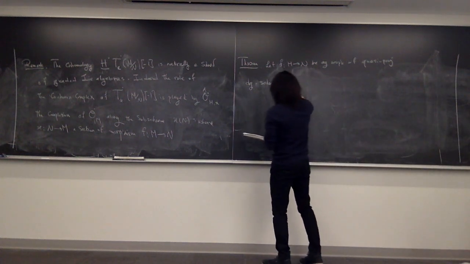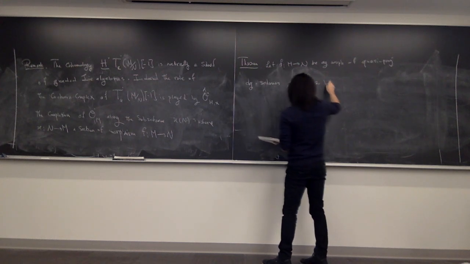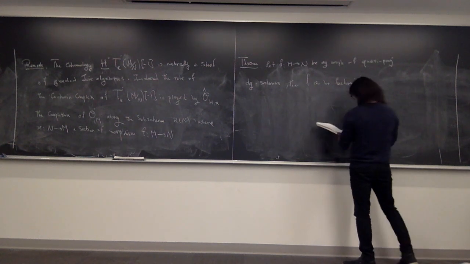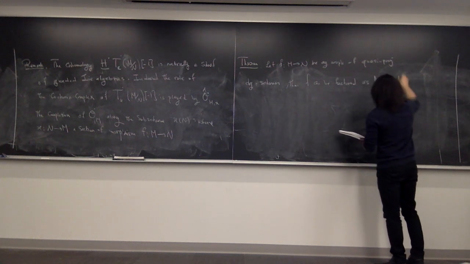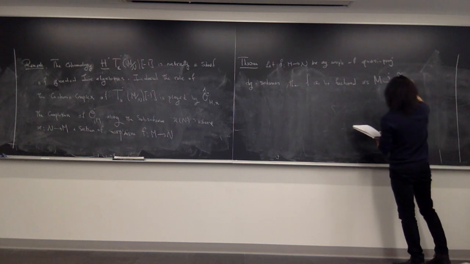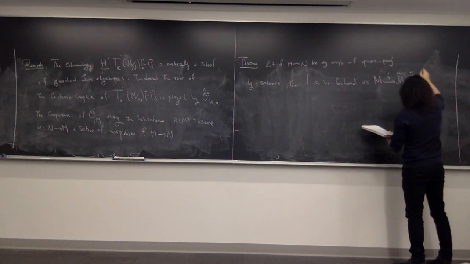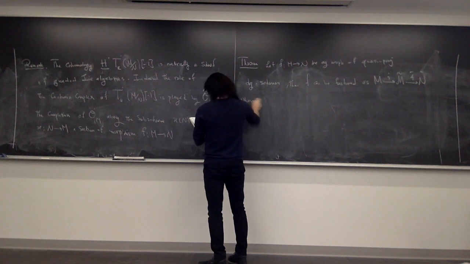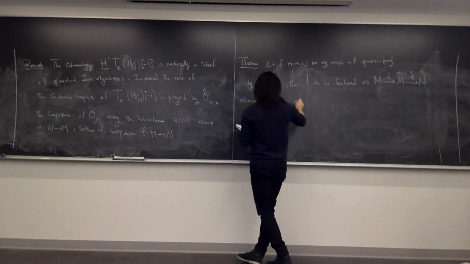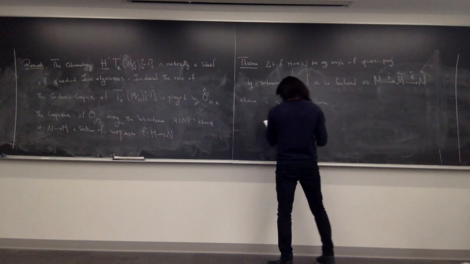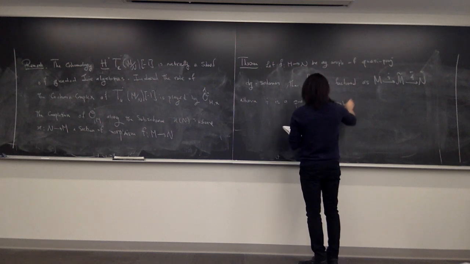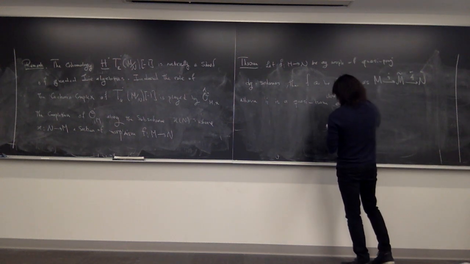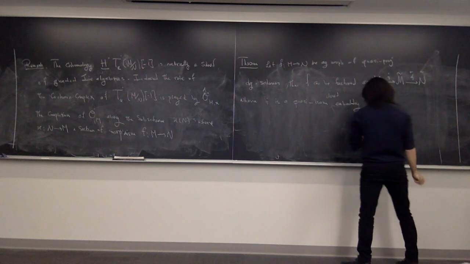Then F can be factored through N tilde, and then F tilde, where I is a quasi-isomorphism embedding, and F tilde is smooth.